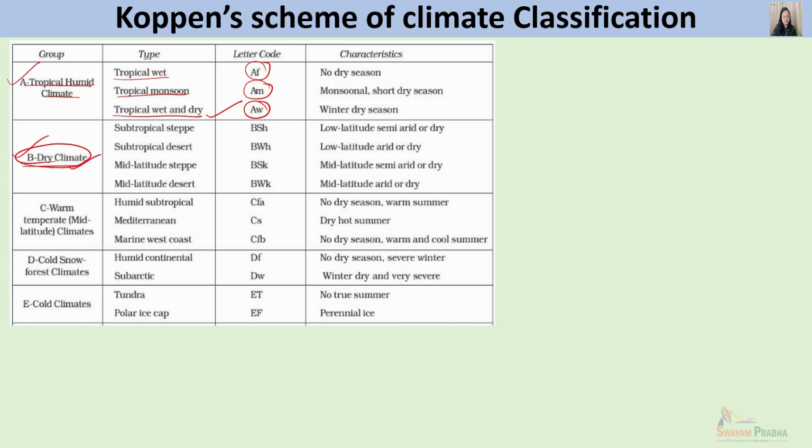And we've also discussed the subcategory where BS stands for semi-arid type of climate and BW stands for arid or desert type of climate.